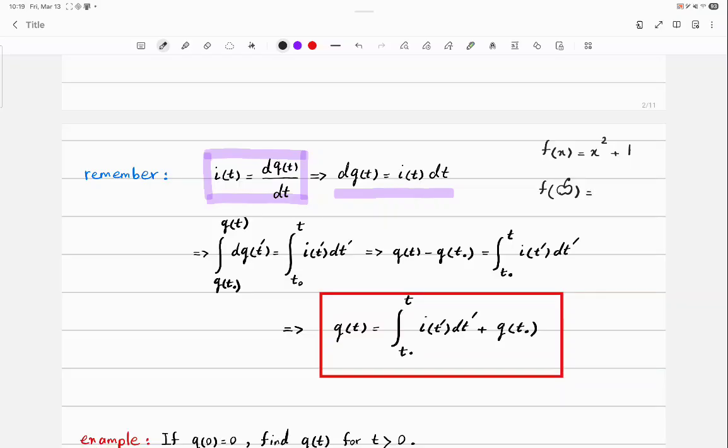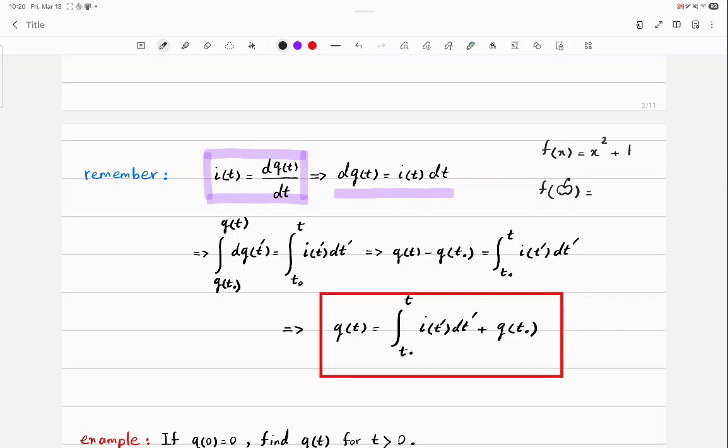If that is f of x, what is f of apple? What is it? Apple squared plus 1, right? So does it matter which variable I'm using inside the integral? It doesn't matter. I can use t prime, I can use tau, I can use apple. So why do I need to change t to t prime? Because if you look at the bounds of the integral, the upper bound, it's t, right? The one inside the integral is a variable of integration, which is changing.